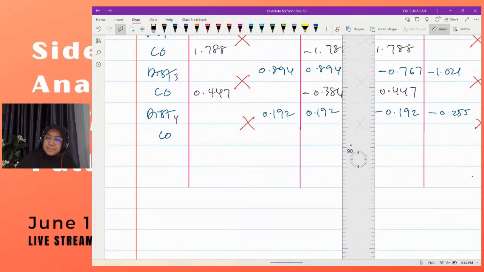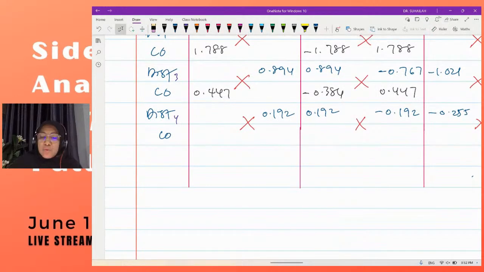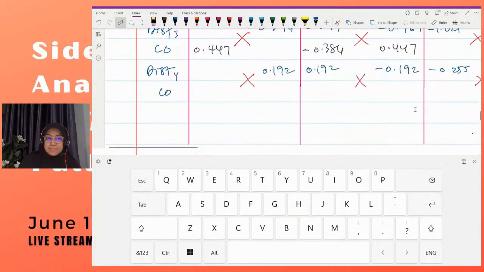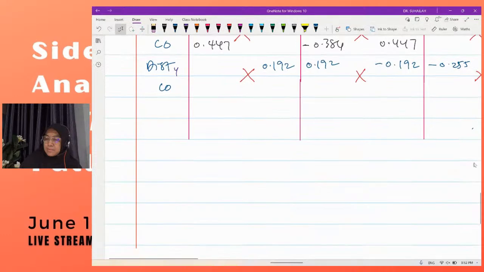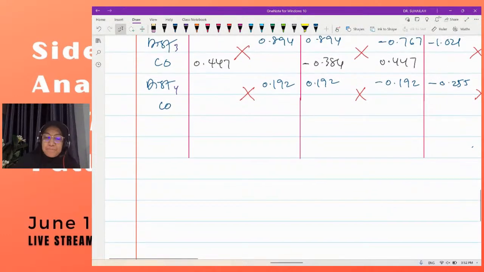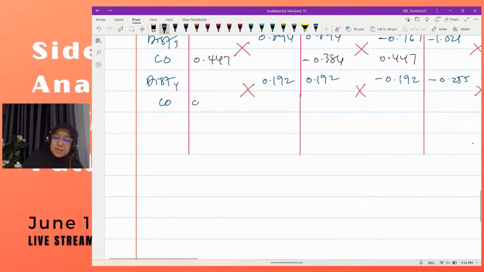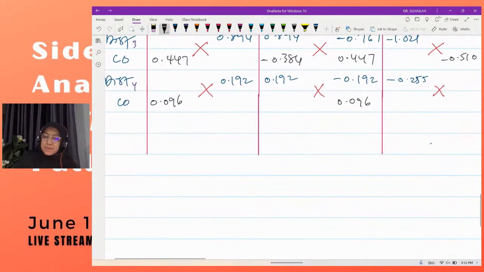Okay. 0.192 divide by 2 or times 0.5. This one, 0.096. Negative 0.096.